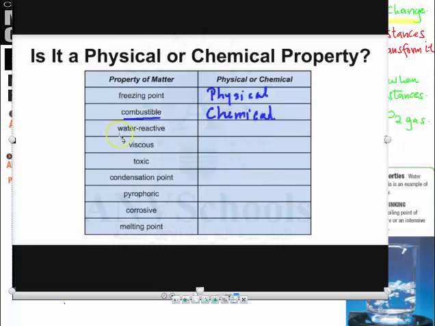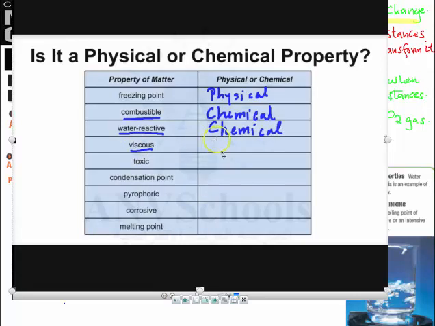Water reactivity, or how water reacts with a certain chemical, will be a chemical property.